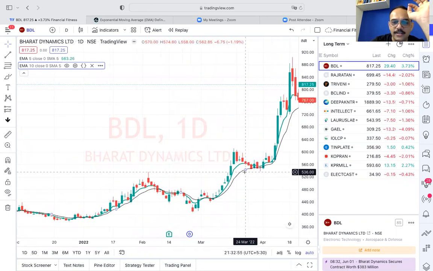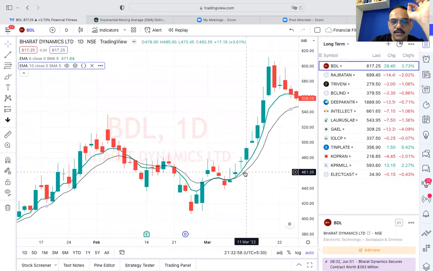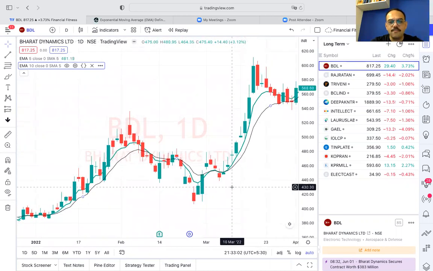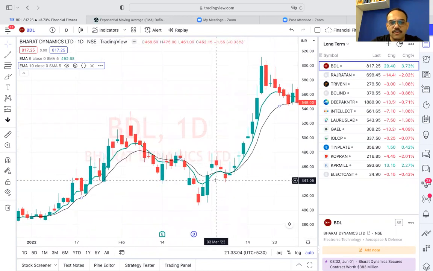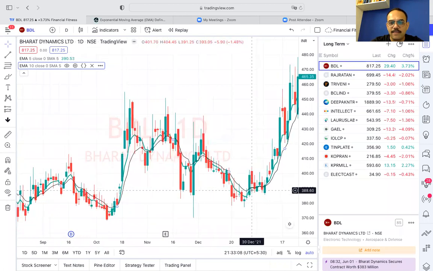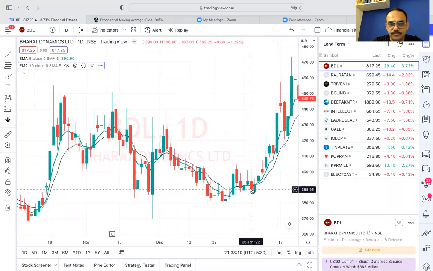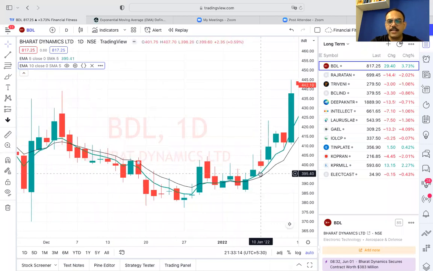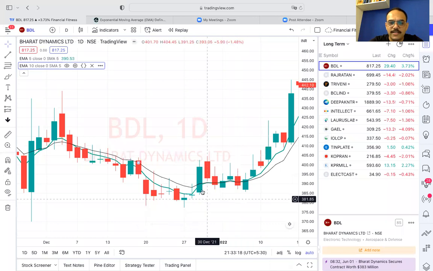How do you trade this? You trade when the 5-day moving average crosses above the 10-day moving average here. This green one is the 5-day moving average and the black one is the 10-day moving average.